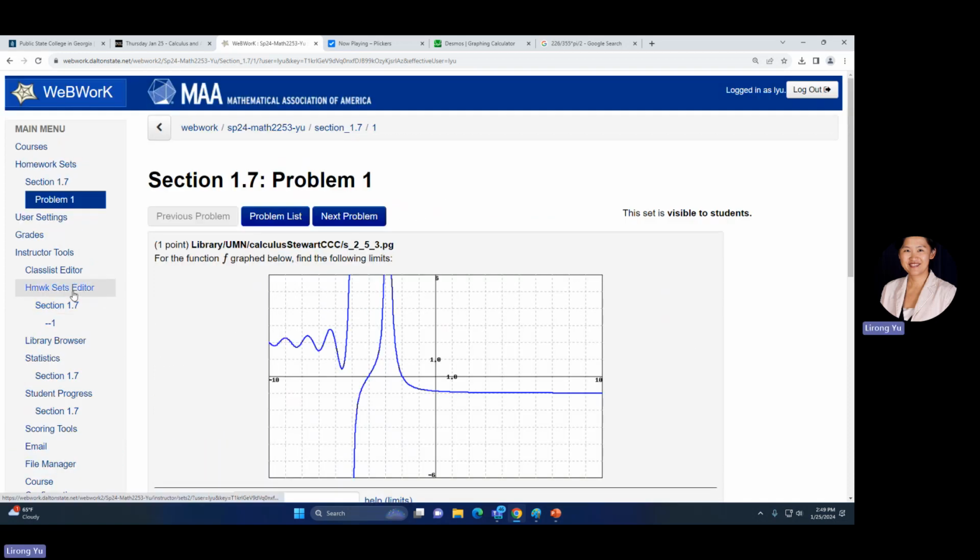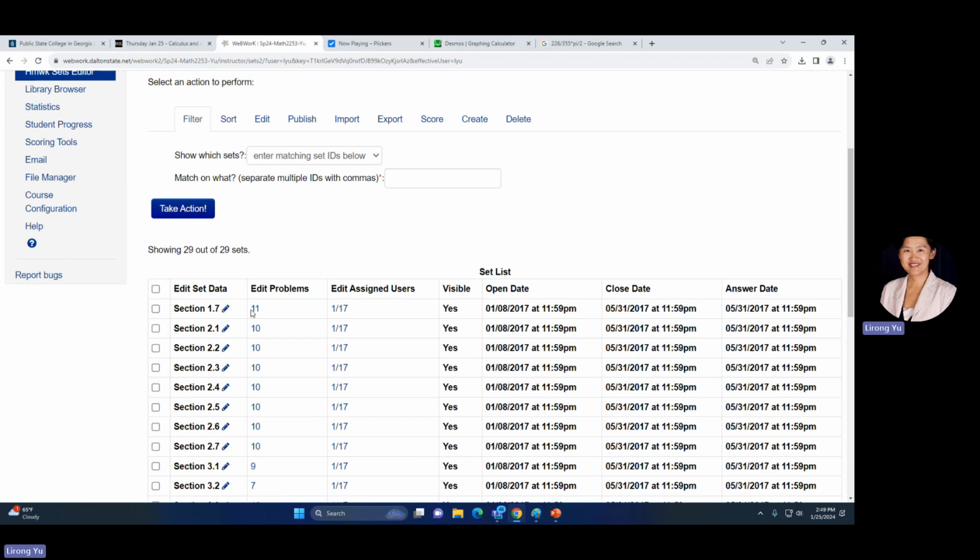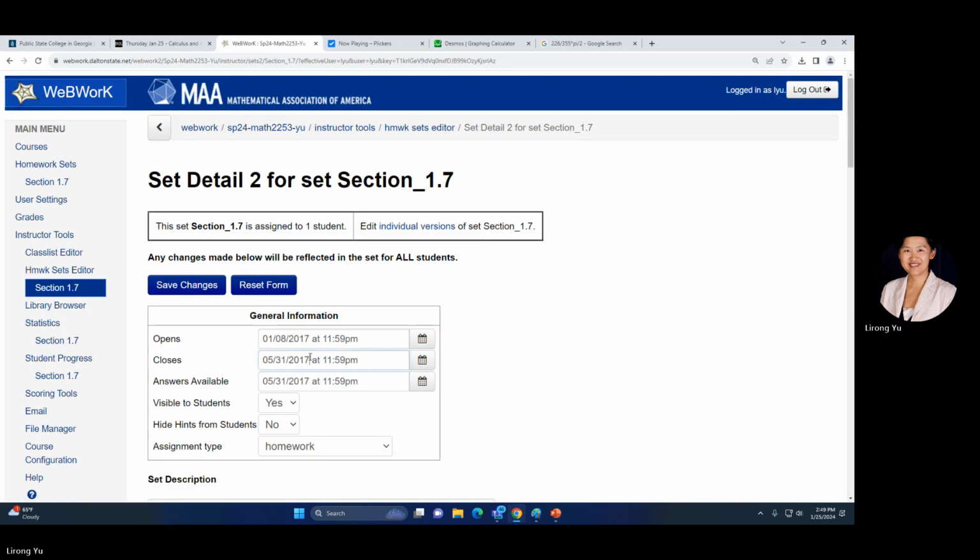Let me assign this so you can actually see on your side. This was assigned before. Today is the 25th. Let's give it a week.